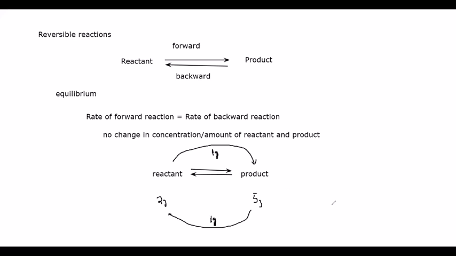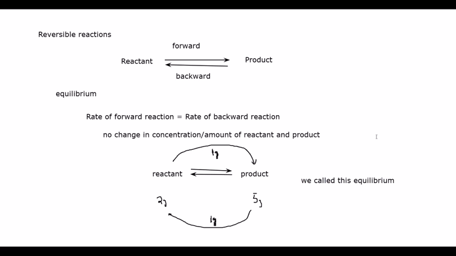As there is no change in the amount of reactant and product, what do we call this state? We call this state equilibrium. So this is the meaning of equilibrium or a balance for a reversible reaction.